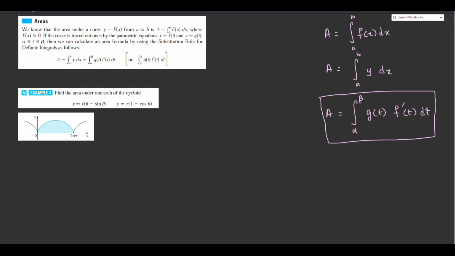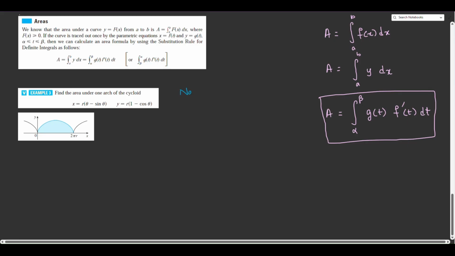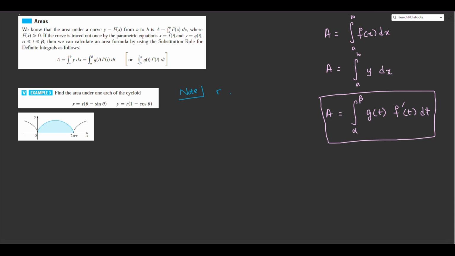Let's solve this question. Remember, instead of t, our parameter is theta here. The first thing you need to note down is that r is a fixed number.